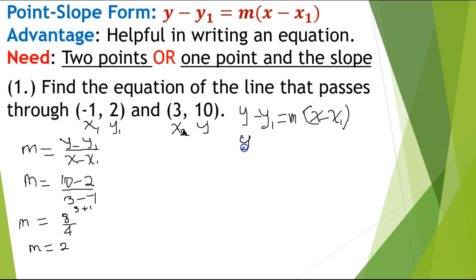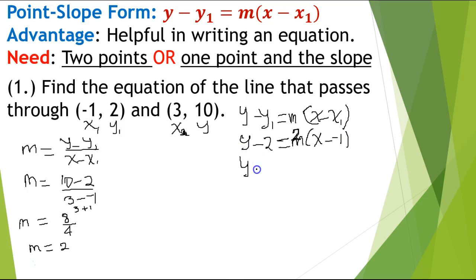Now substitute, we're going to keep y as a variable, so minus our y1, which is 2. But you can actually use any of the points to make your y1. Then the slope is 2, so we put 2 there, times x, keep the x, and then minus x1. Again, x1 is -1.